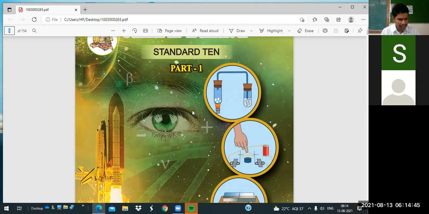Then, besides luster, malleability, ductility, melting point and boiling point, metals are hard in nature. Only one exception is graphite, which is not hard. But all other metals are hard. And one more example is mercury.